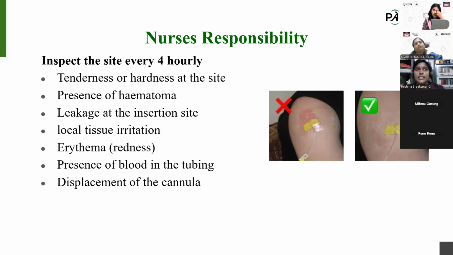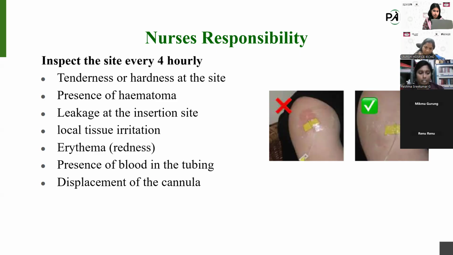There may be generalized edema, but you should assess for any tenderness or hardness at the site, and check for any presence of hematoma and leakage at the insertion site. Mainly the leakage is due to an increased infusion rate. So you should check for leakage at the insertion site.